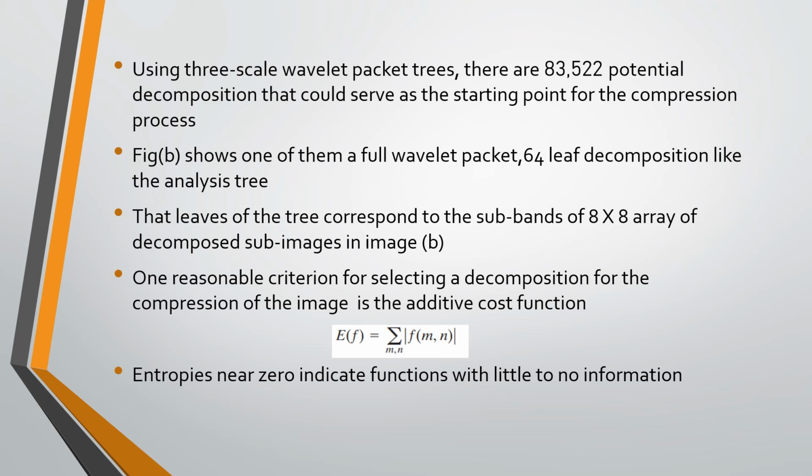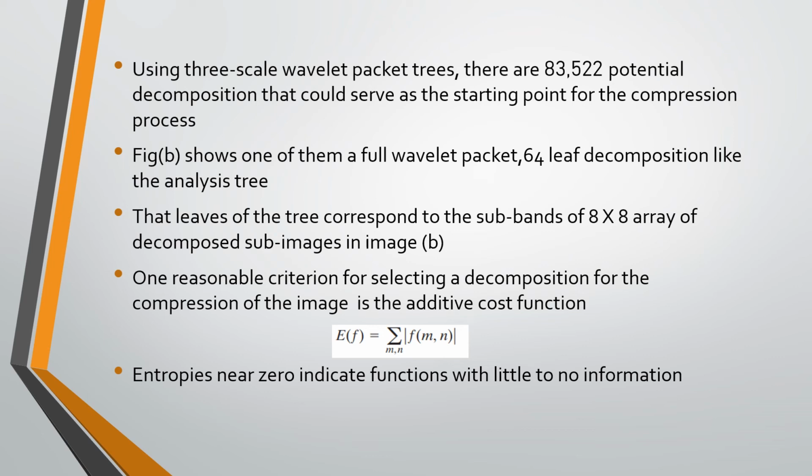Figure 2 shows one of them, a full wavelet packet which has 64 leaf decompositions like the analysis tree. The leaves of the tree correspond to the subbands of the 8x8 array of decomposed subimages in image B.